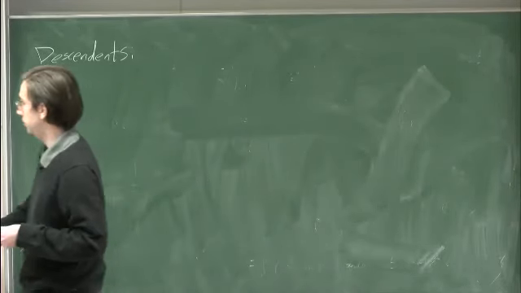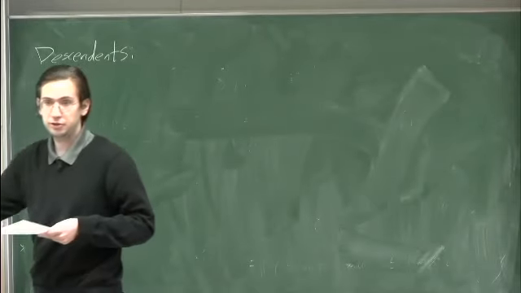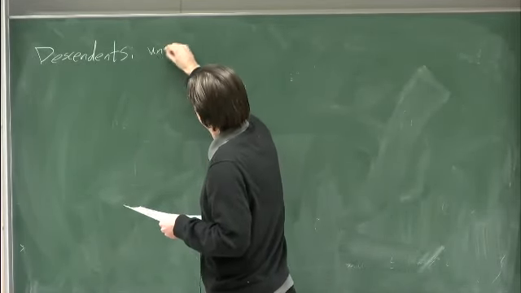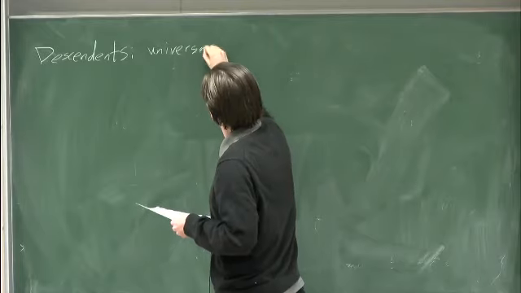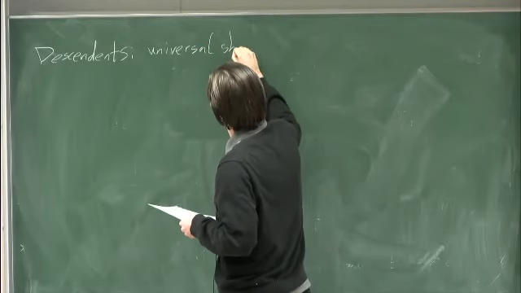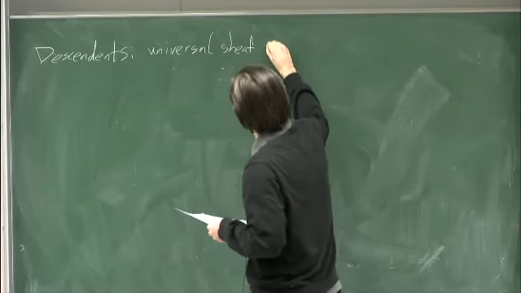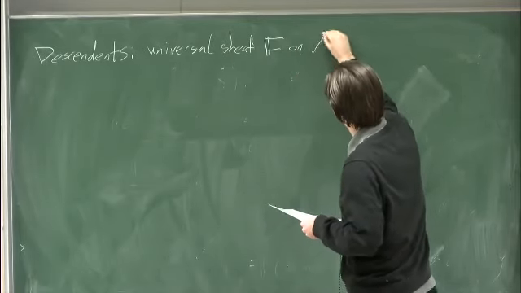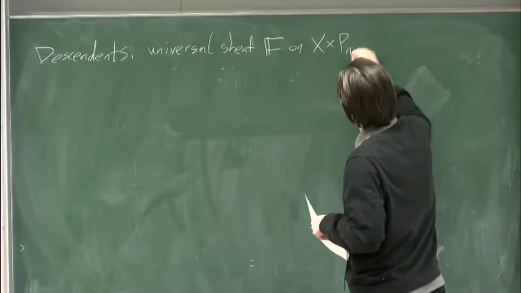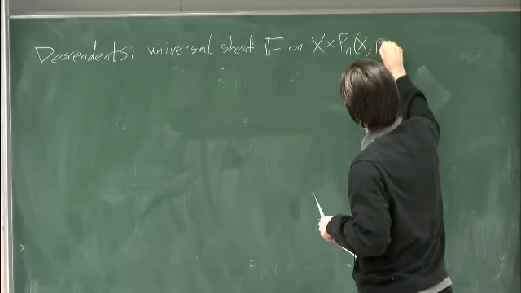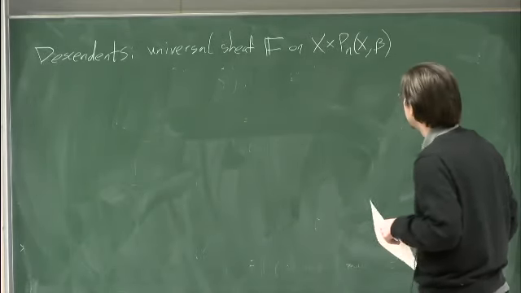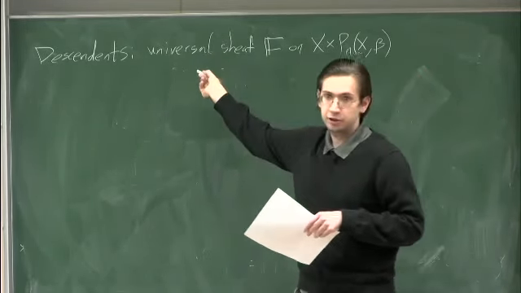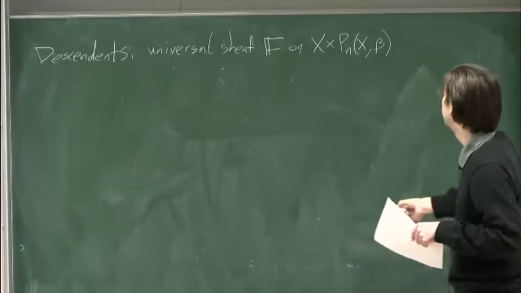So to define this, this is a moduli of sheaves, so we have some universal sheaf F on X cross P_n(X, beta). And the idea is that descendants are going to come from taking Chern characters of this universal sheaf.